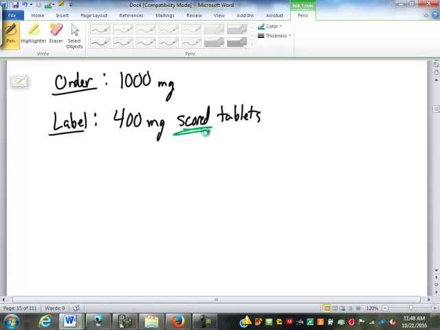Why did I put scored in there? What does scored mean? A scored tablet means it has a notch basically in the middle so that you can chop it in half or break it in half to give them half a tablet. We try to never round to anything less than half of a tablet.